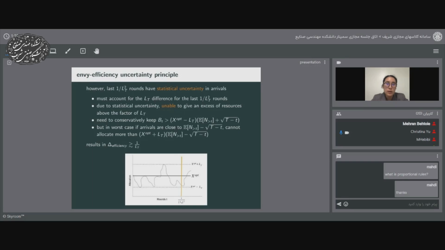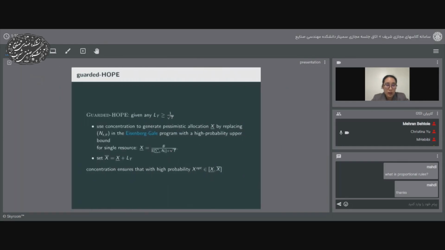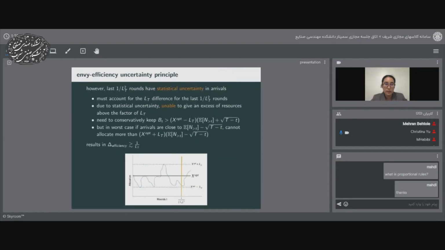So the difference between the conservative threshold we need to budget and the maximum amount that we could allocate when there's too few people, that difference exactly results in this delta efficiency lower bound of 1 over LT. All right, so that's the explanation for the lower bounds, the impossibility results. I'll just pause here and see if there's any questions.